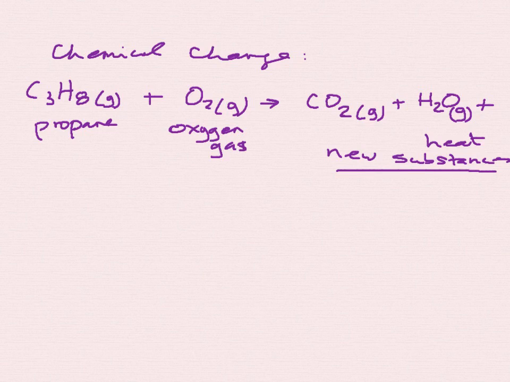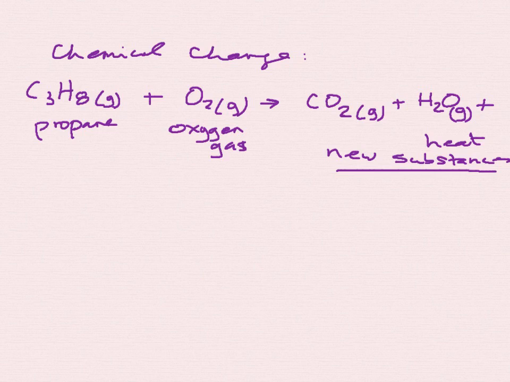You started off with carbon and hydrogen together, oxygen separate, a bunch of collisions happening, there's flames, the spark, and you have a rearranging of the bonds, and now you get carbon with oxygen, hydrogen with oxygen, and you also get heat. This is propane fuel, and you're going to get new substances on the right-hand side.